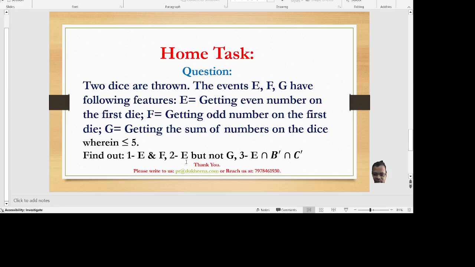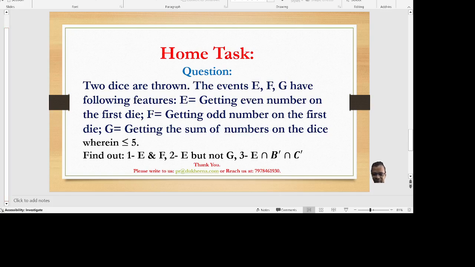Second, E but not G, so E minus G, like we have just found out: A not B means A minus B. Third, the common points between E, F dash and G dash. Find them out. In the next class, we'll solve this problem.